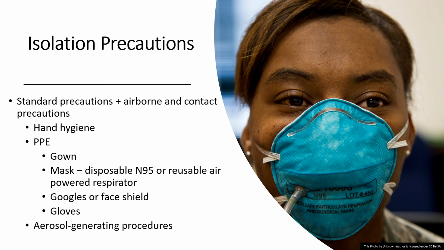Proper PPE and order of donning include a gown, a disposable N95 mask or reusable air-powered respirator, eye protection, and gloves. Great care should be taken when removing PPE after patient care to avoid exposure. Aerosol generating procedures should be performed only if absolutely necessary, preferably in an AIIR with only essential staff present.